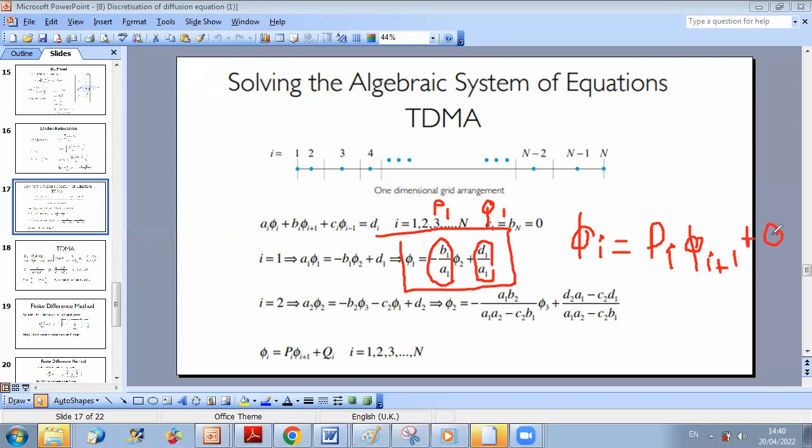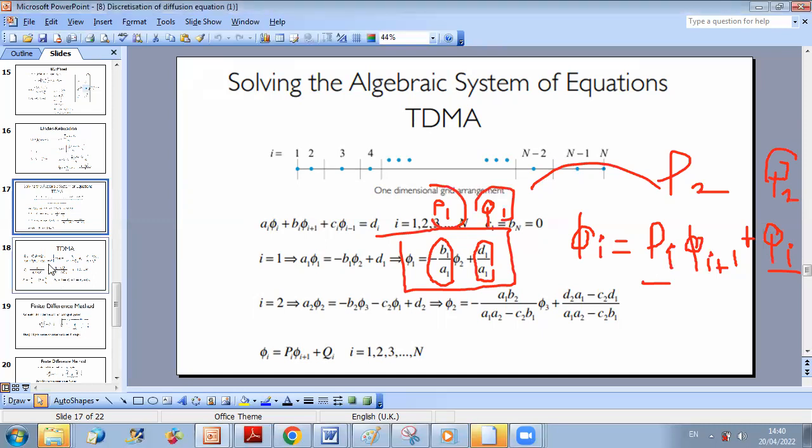But now together we derived a relation relating Pi Qi to Pi minus 1 Qi minus 1. And now if I know P1 and Q1, I can deduce P2 and Q2. And from P2 and Q2, I can deduce P3 and Q3, etc. So these are the general equations used.